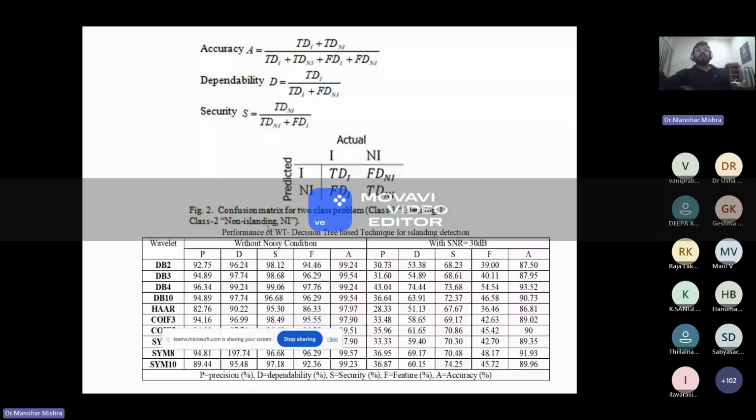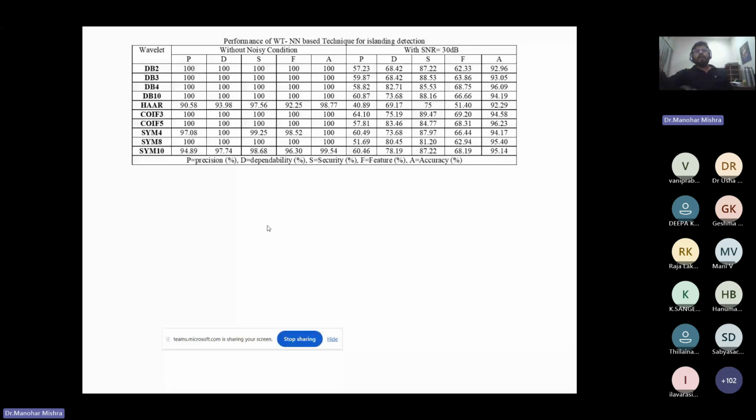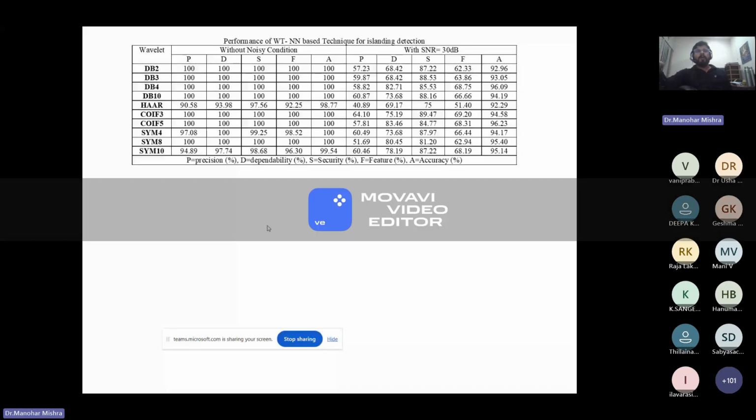And after that we applied the neural network, the basic ANN structure, and here also we got the accuracy. We found 100% accuracy in most cases without noise, and with 30 dB noise it decreased.